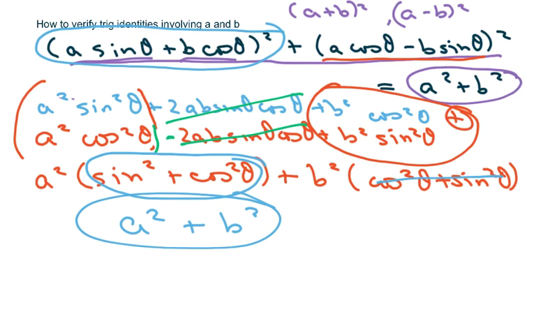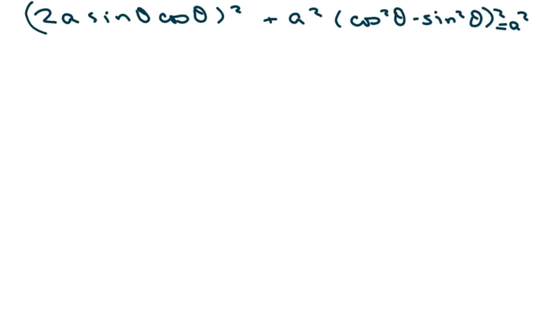Alright? Okay, the next one's kind of similar. Our desired result is just A squared. So I'm going to square that. If you square that part, you can square the 4, square the A, square the sine, and square the cosine.